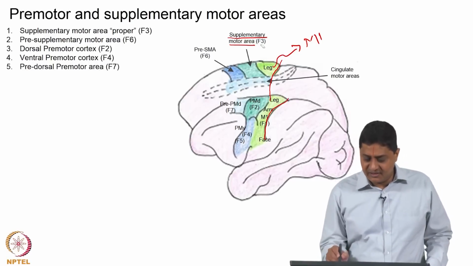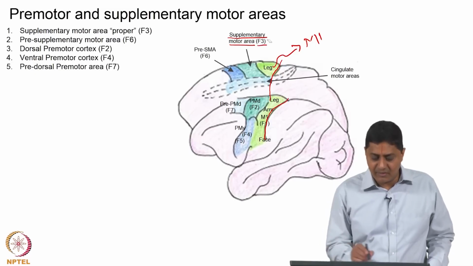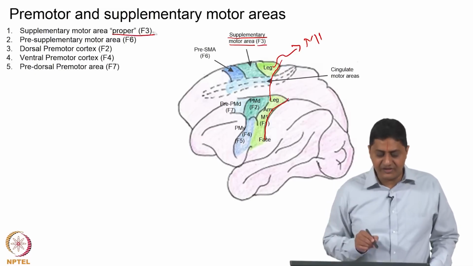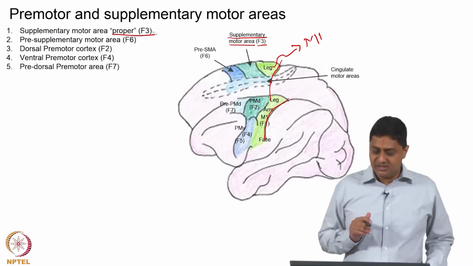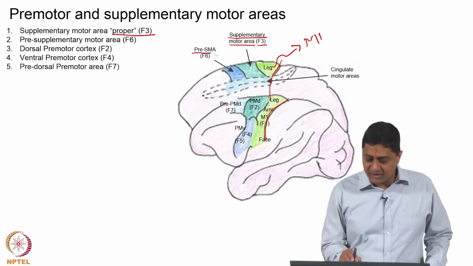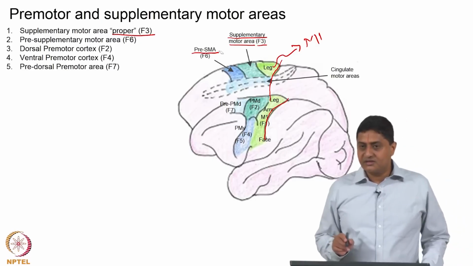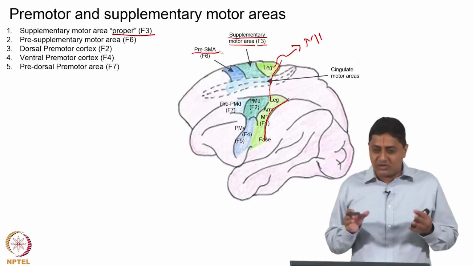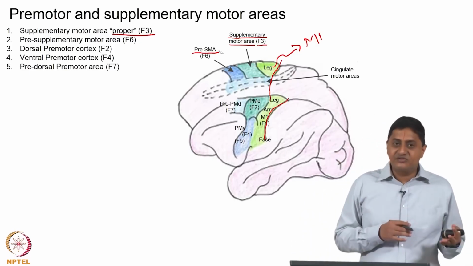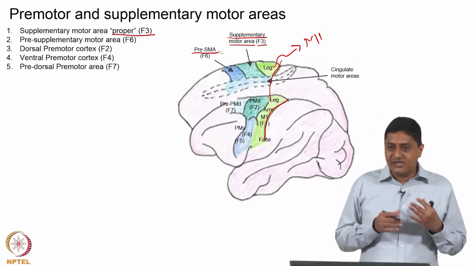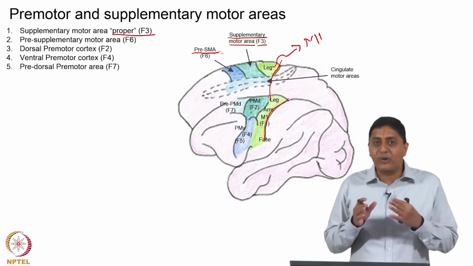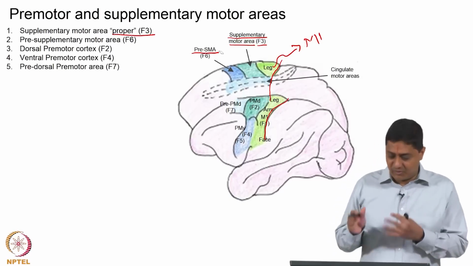One is the supplementary motor area proper, or area F3, and the more rostral region is called the pre-supplementary motor area. So, the premotor cortex, as it was earlier called, was first divided into supplementary motor area and the other premotor cortex. Now, the supplementary motor area has a supplementary motor area proper and a pre-supplementary motor area.